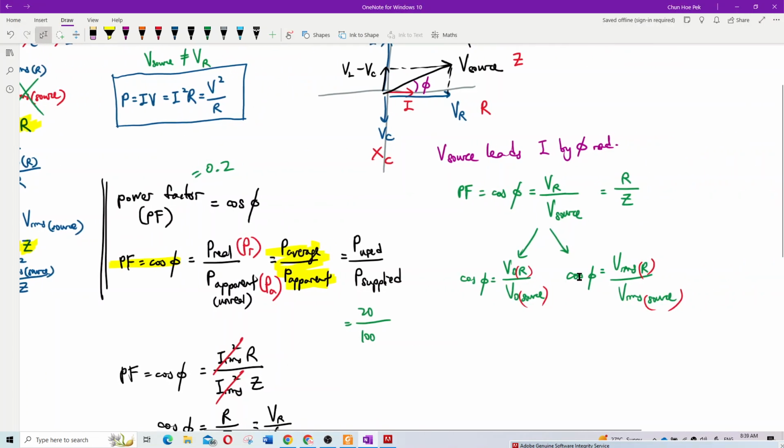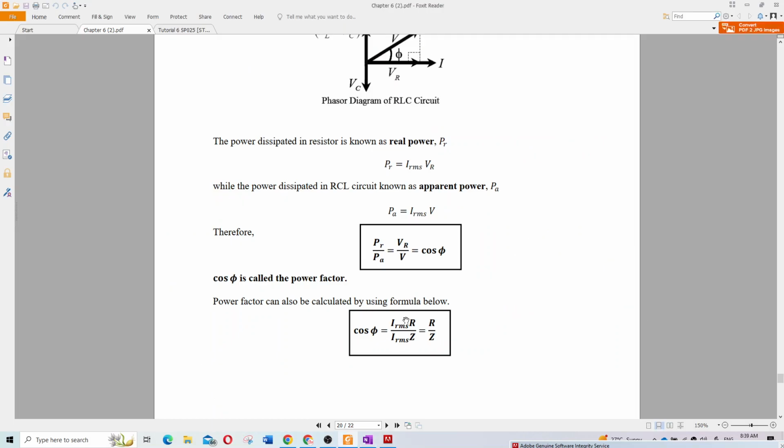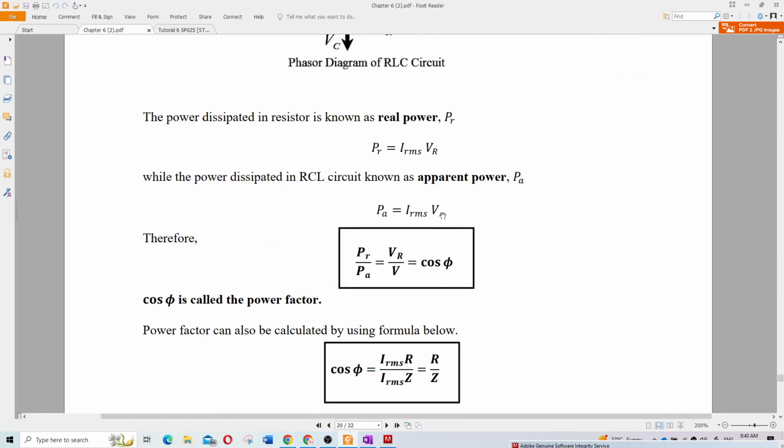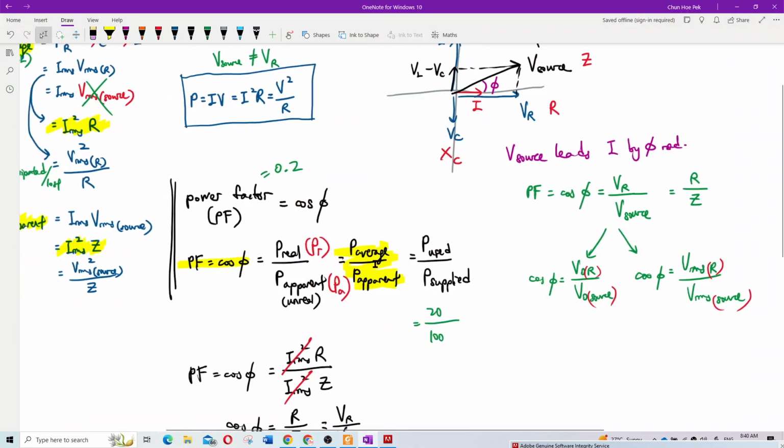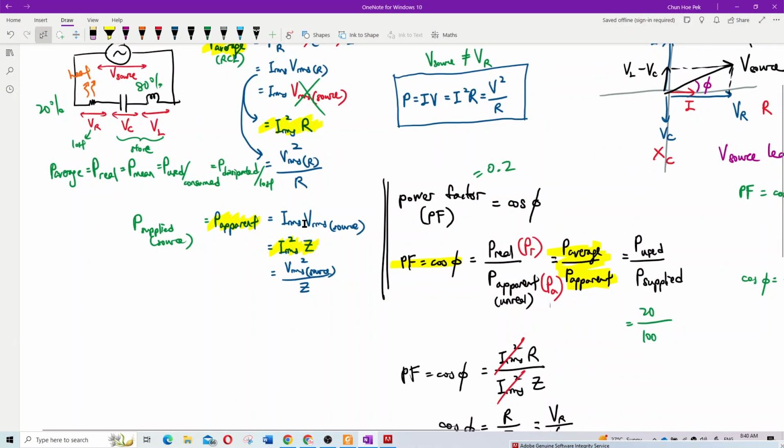Okay, class, try to understand the notes. This V is V source. Apparent power uses V source. Mine actually is more detailed than the notes.